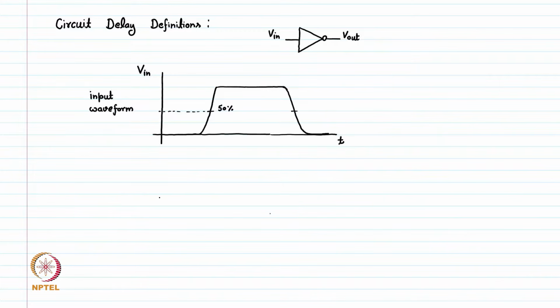Now let's see what the output of the inverter looks like. The y-axis is now V out.